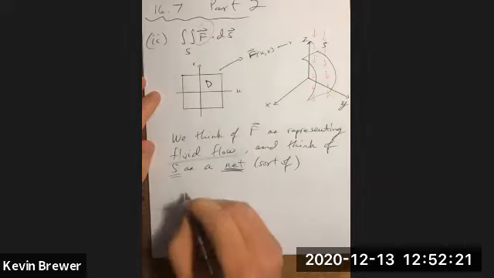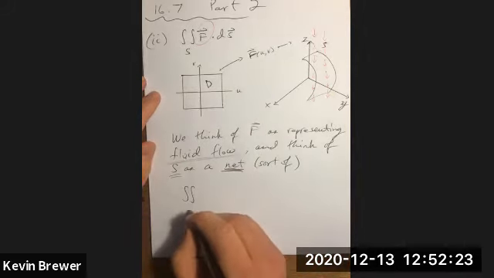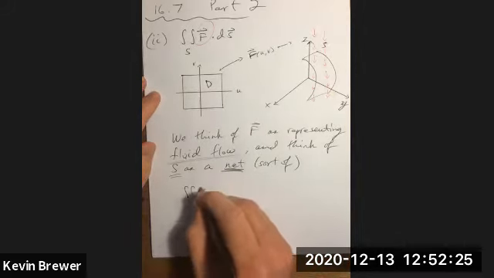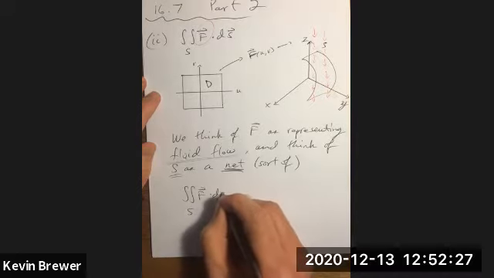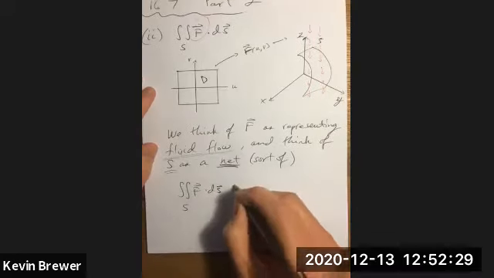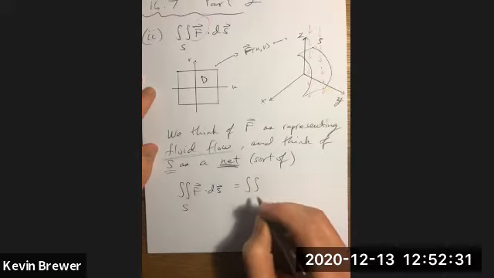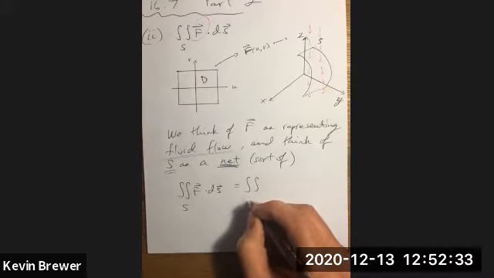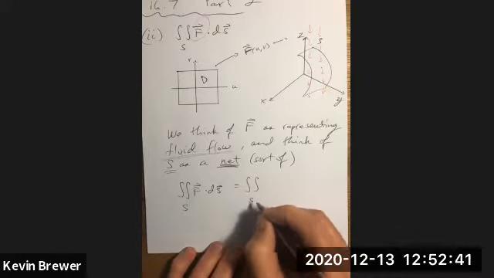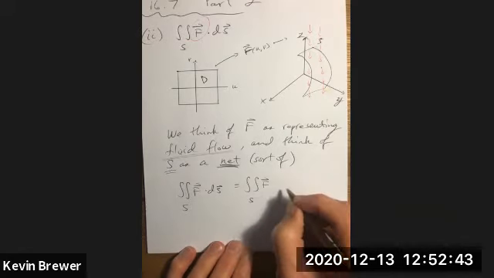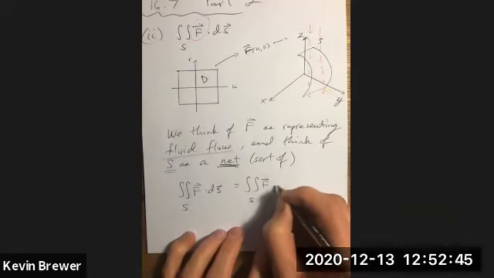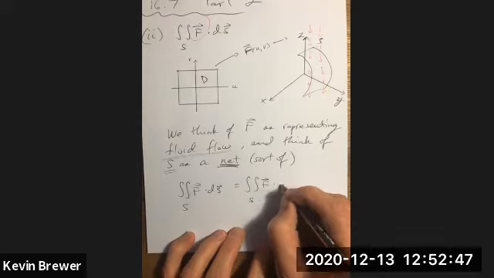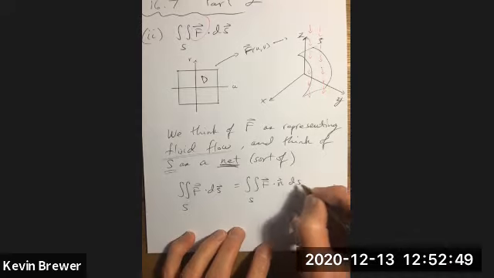And we are going to say that the double integral of F dot dS is, as we said earlier, the double integral over D, or actually still before we parameterize, the double integral of F dot n dS.